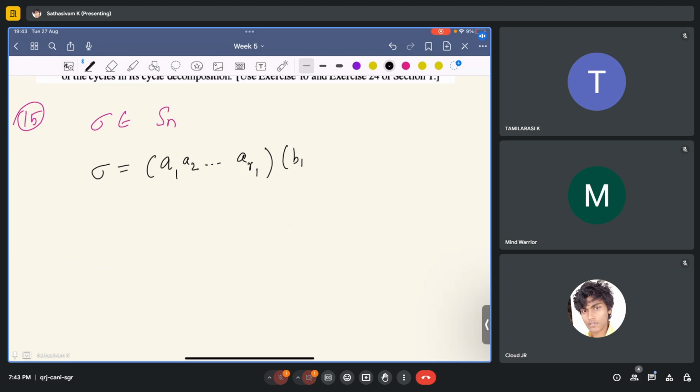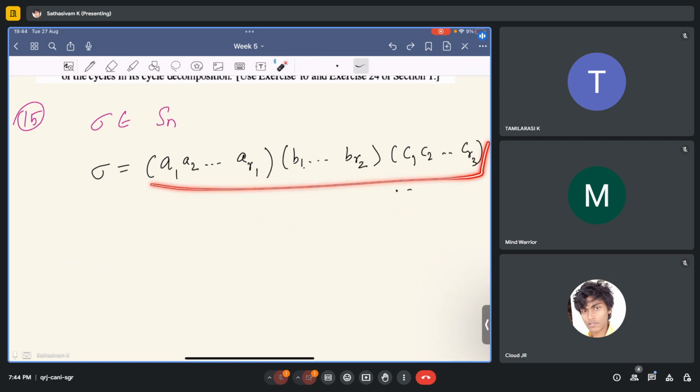Okay, if I write like that, I cannot use enough symbols. So C1 to C2 to CR3, etc. I'll just put that like this. See, I can write it using two subscripts, but I don't want to use two subscripts. So let's just work with this one.